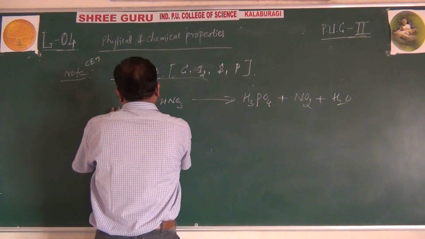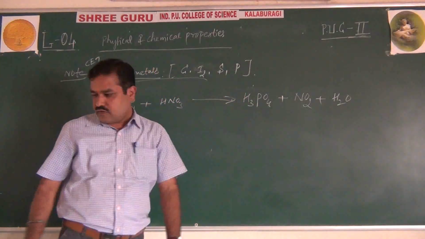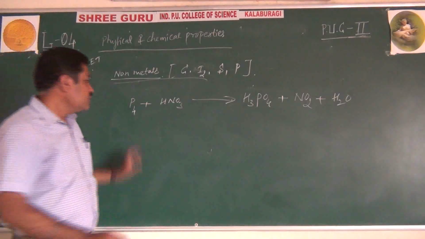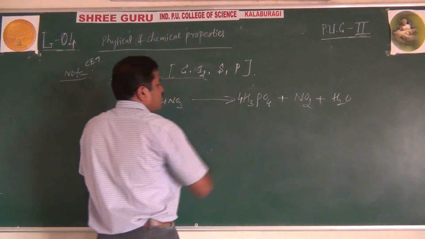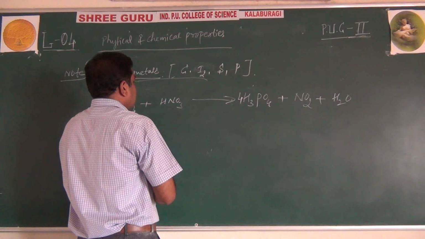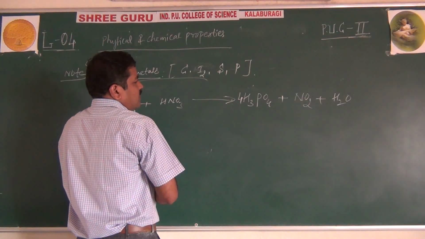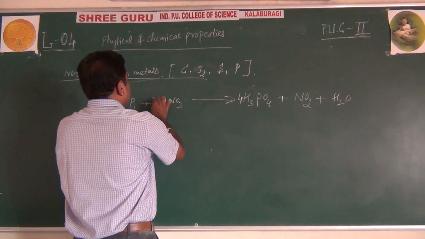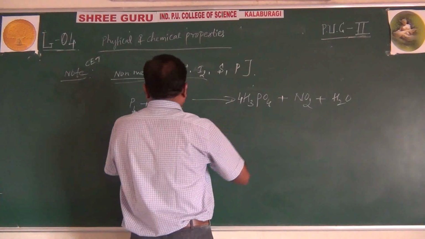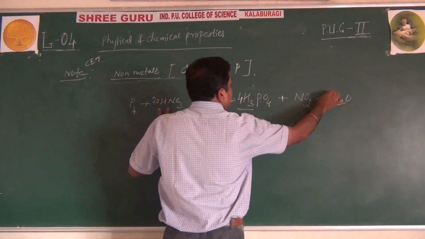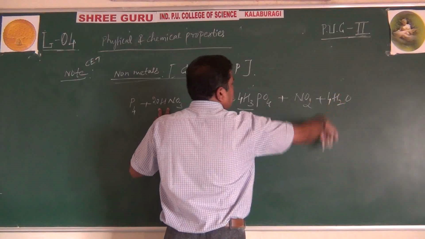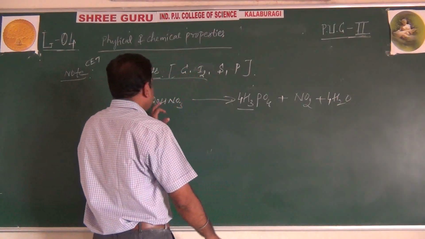Since phosphorus is in the P4 state, so 4H3PO4, right? That's what, here 12, and if you multiply here by 20, then it will be 4H2O, definitely, and here 20.